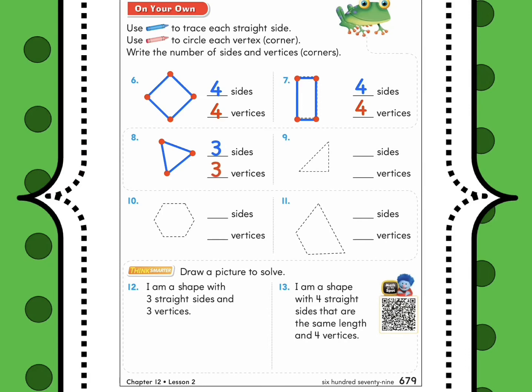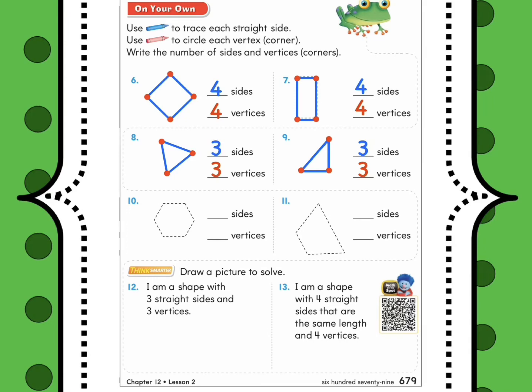Number 9 is also a triangle, but they drew it in another way. It also has 3 sides and 3 vertices. Number 10. Who can remember this shape? What do we call it? Wonderful!